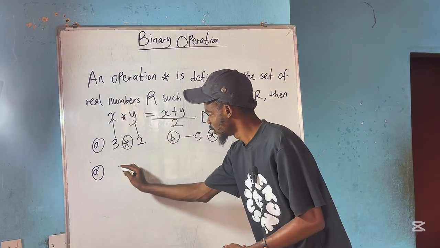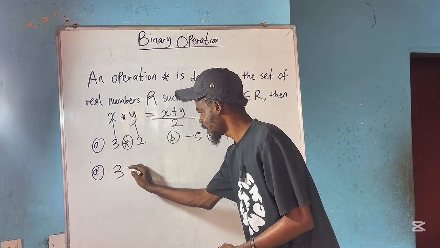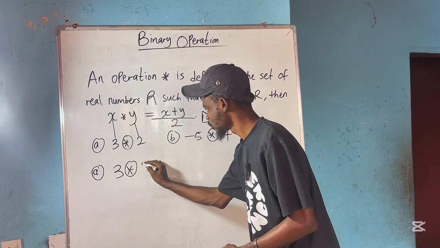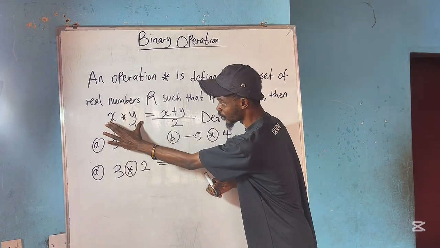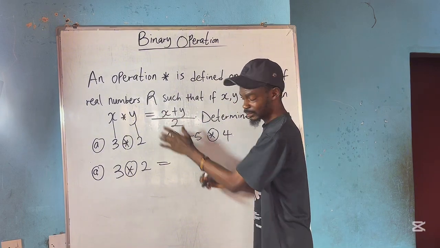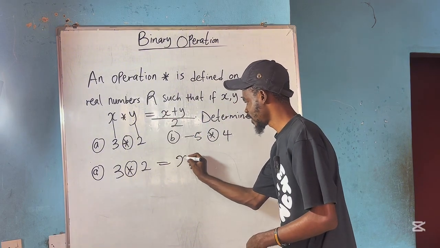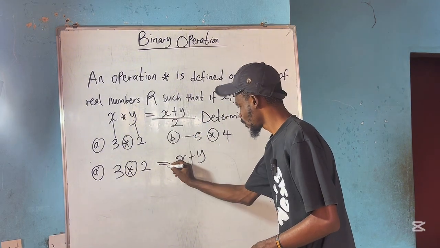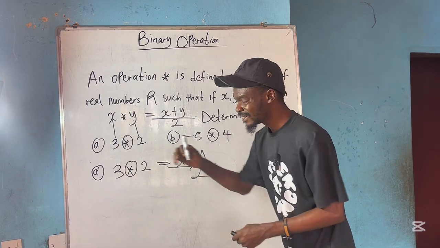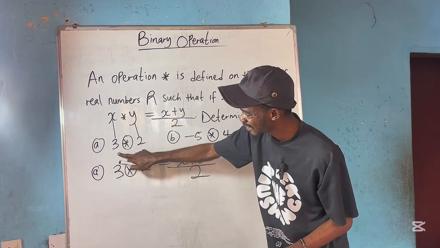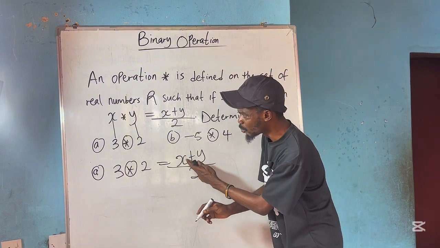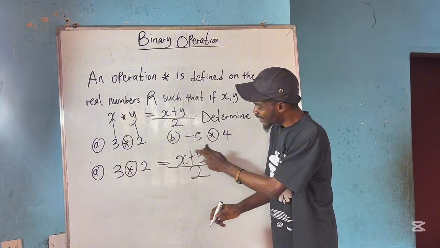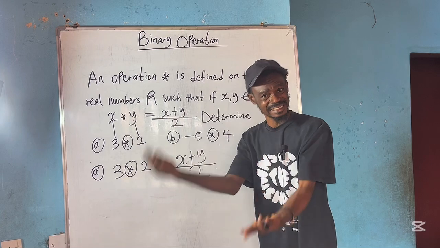The first question is to solve 3 asterisk 2 is equal to, since the formula for this binary operation is this, let's write this back. The formula is (x plus y) all over 2, and the first one is 3. x is 3 and y is 2. So we are going to remove x and put 3, and remove y and put 2. Very simple.